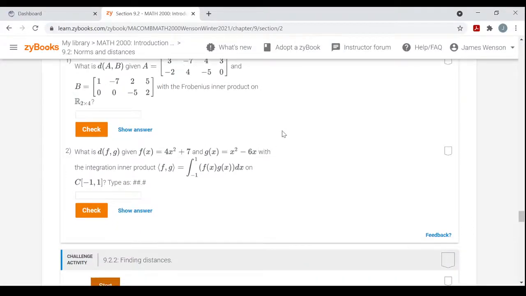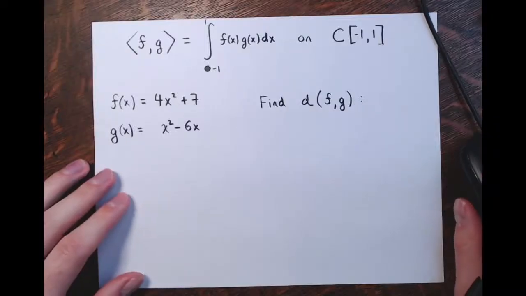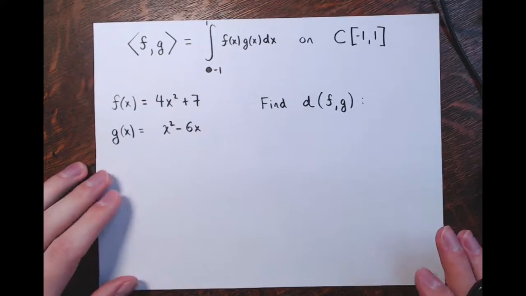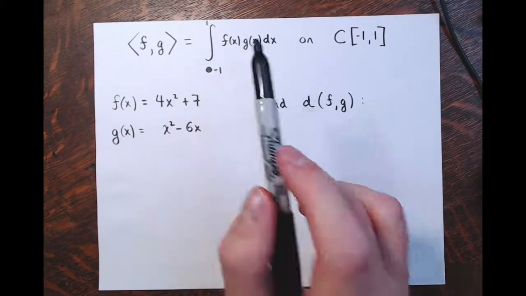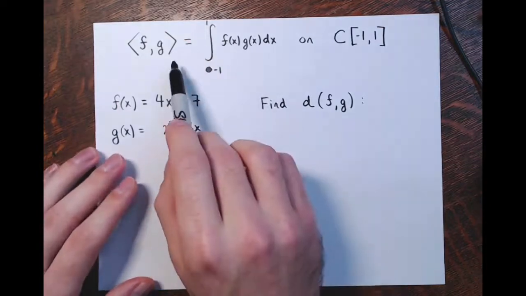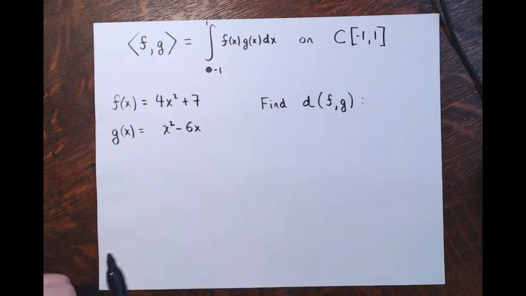Alright, so here, what about... I've already done an integration product and a Frobenius. I'll do number 2 here. Again, we have that integration inner product, not weighted, on the vector space of continuous functions over the interval from -1 to 1.